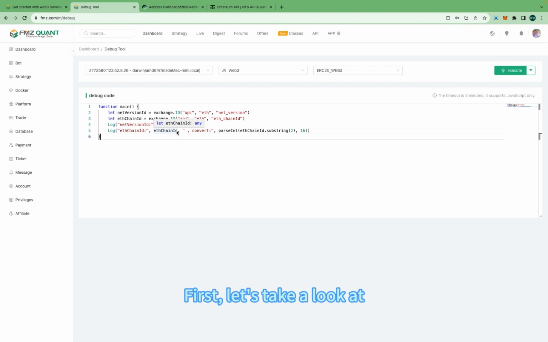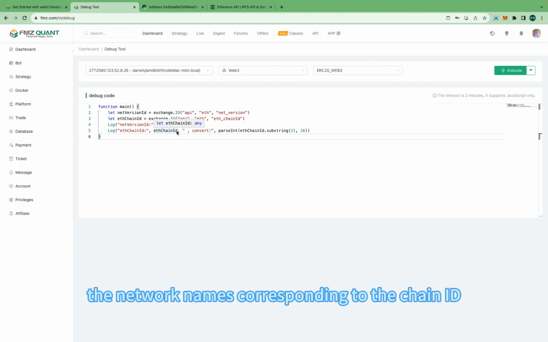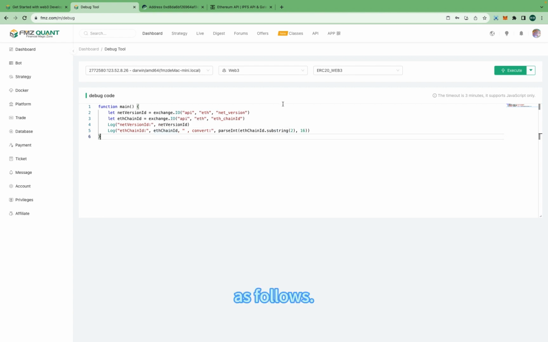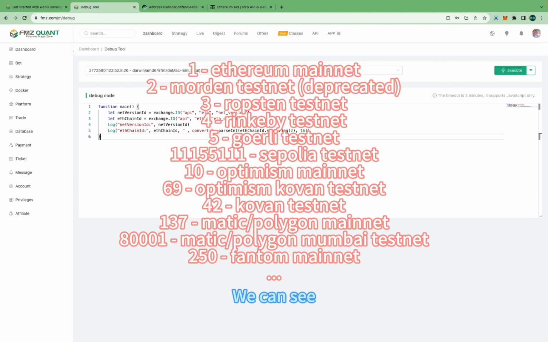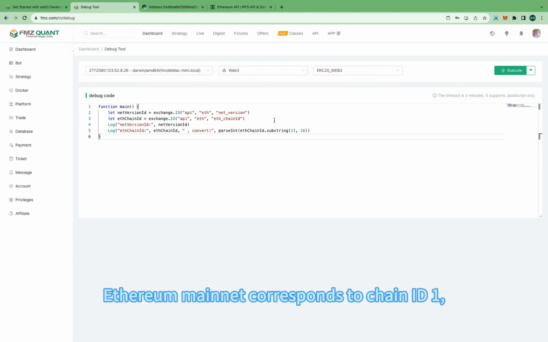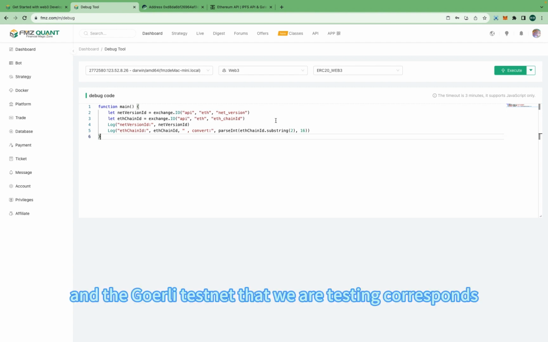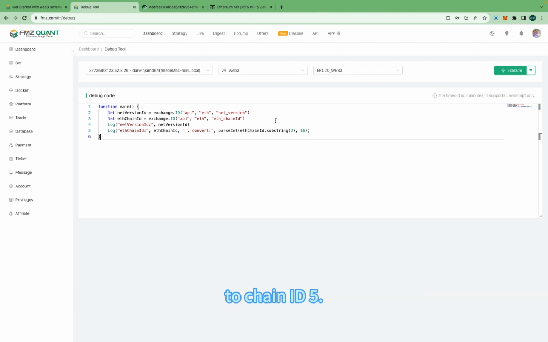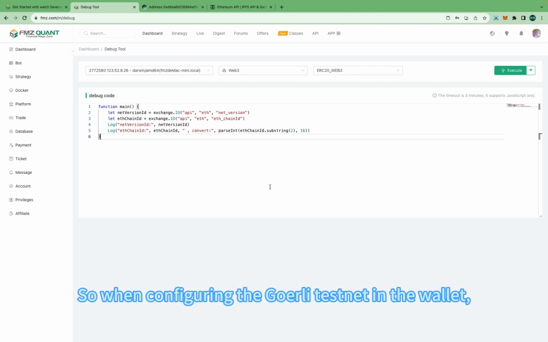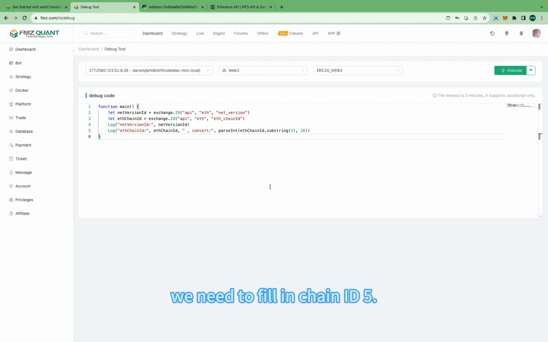First, let's take a look at the network names corresponding to the chain ID as follows. We can see that the Ethereum mainnet corresponds to chain ID 1, and the Goerli testnet that we are testing corresponds to chain ID 5. So when configuring the Goerli testnet in the wallet, we need to fill in chain ID 5.